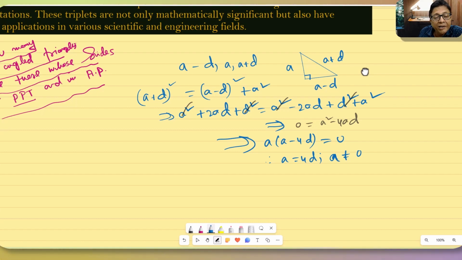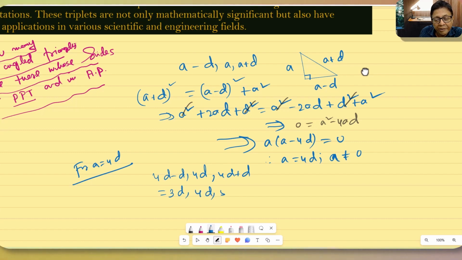Now by taking A equal to 4D, we have three sides, 4D minus D, 4D and 4D plus D, that is 3D, 4D, 5D.